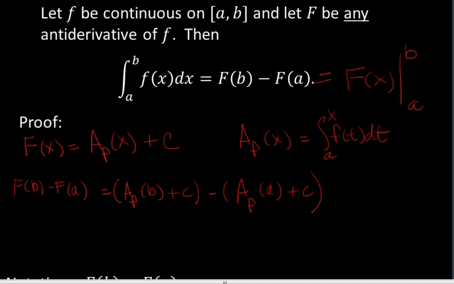Well, you see that the constants cancel, and A sub f of a is the integral from a to a, so that's equal to 0. And we have almost our result. We just have A sub f of b, but then again by our definition of A sub f, that is the integral from a to b of f of x dx. And that proves the theorem.